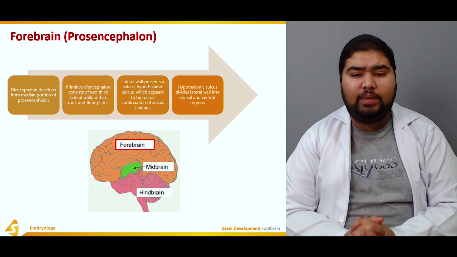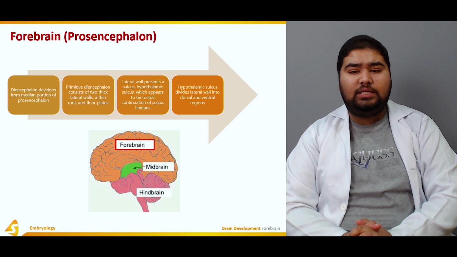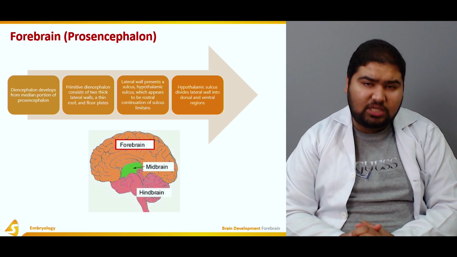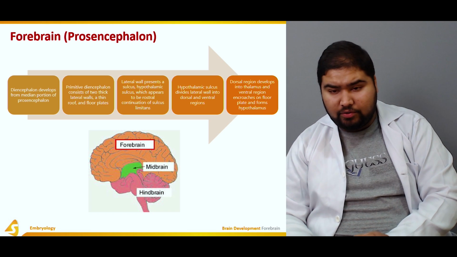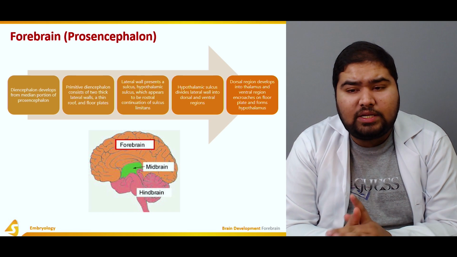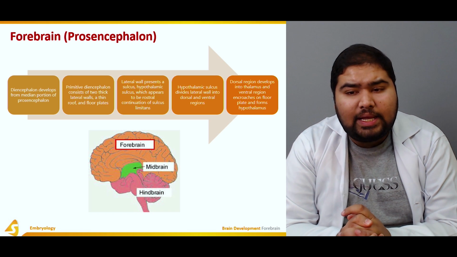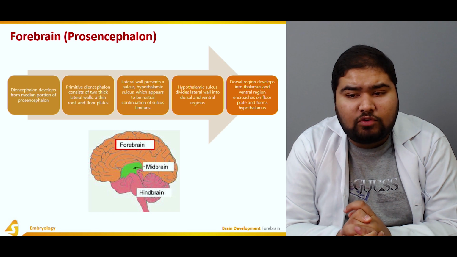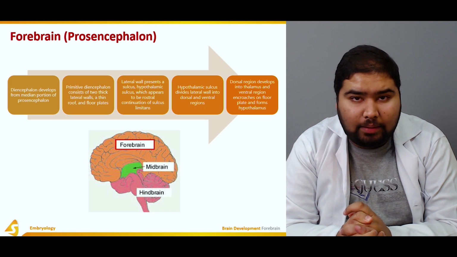This hypothalamic sulcus now divides a lateral wall into a dorsal region and a ventral region. Now the dorsal region develops into thalamus, and the ventral region encroaches on the floor plate to form the hypothalamus.